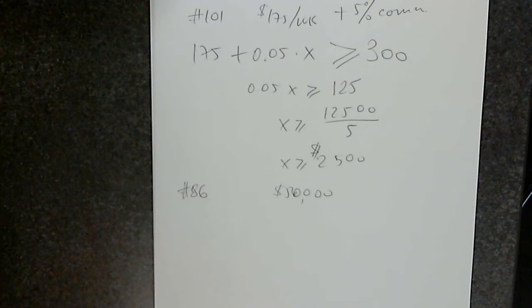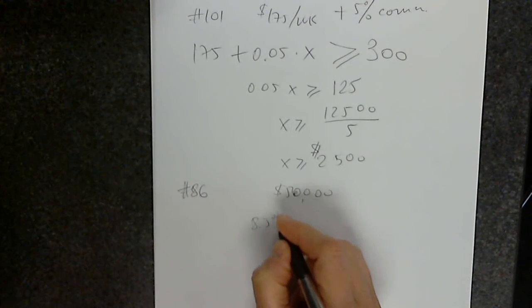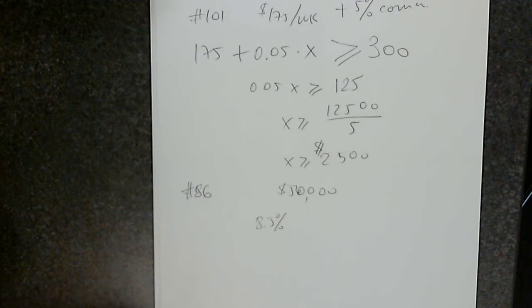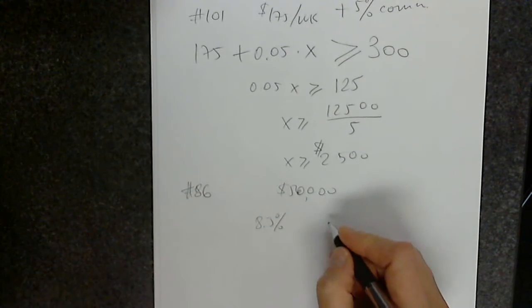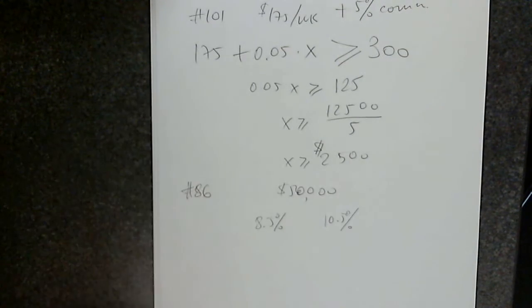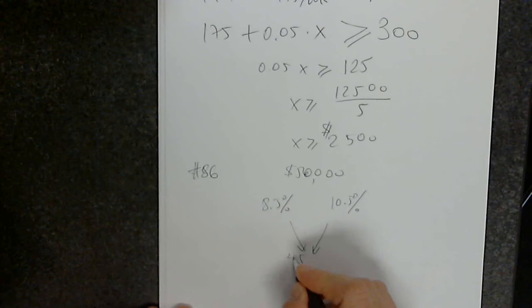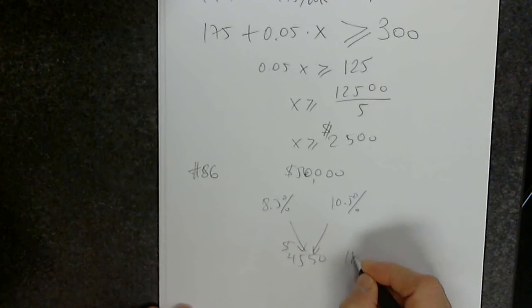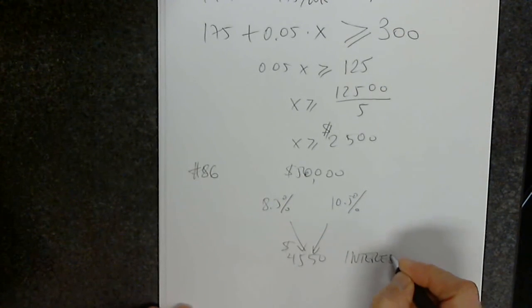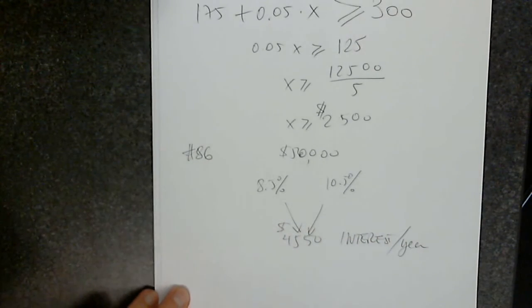So a $50,000 retirement pension is to be invested into 2 accounts: a money market fund that pays 8.5%, in your dreams, and a certificate of deposit that pays 10.5%. How much should be invested at each rate to provide a yearly interest income of $4,550? Interest per year.